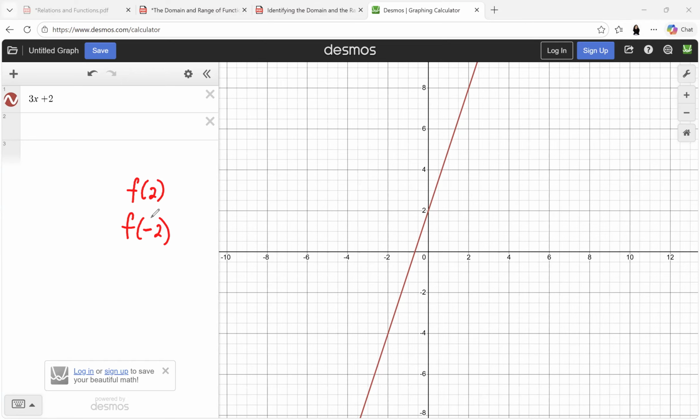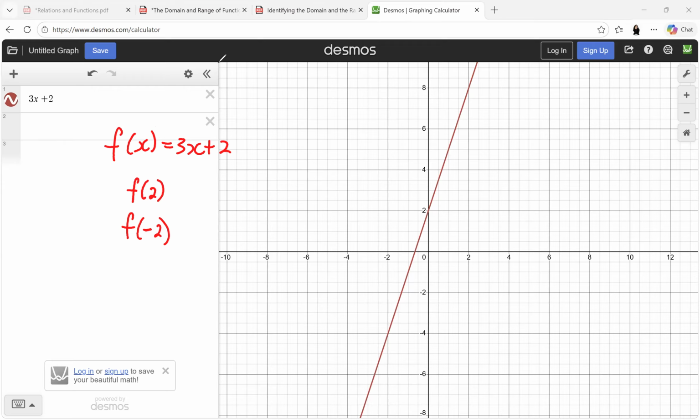Remember, you can work it out graphically by looking at the graph, or you could just substitute the values algebraically, because we know that the function f of x is defined as 3x plus 2. So what would be f of 2 and what is f of -2, based on the graph here?